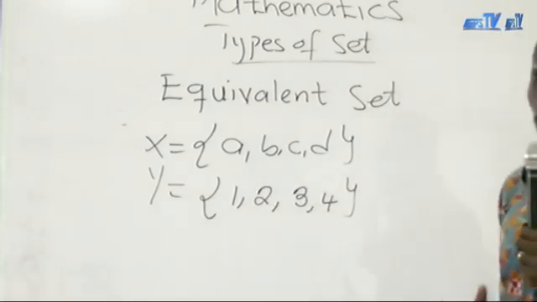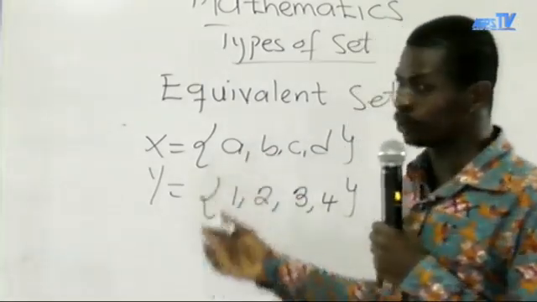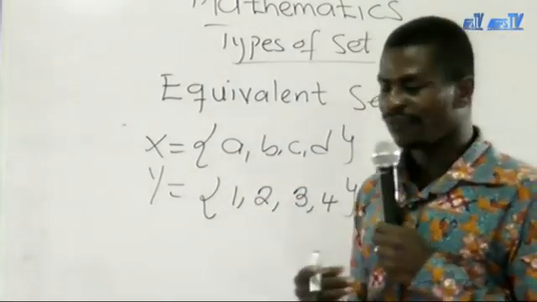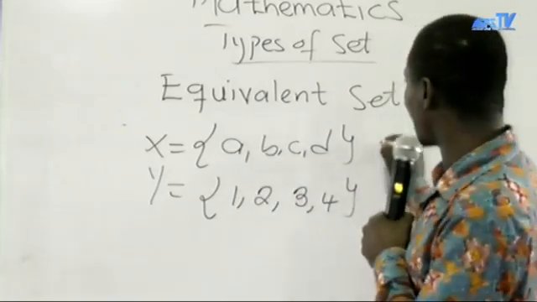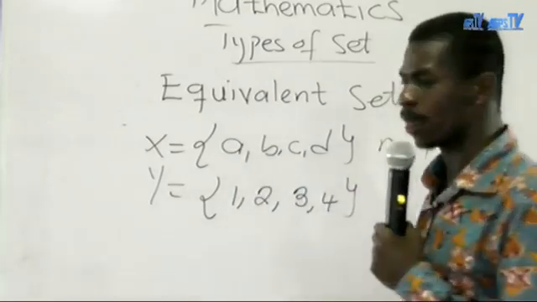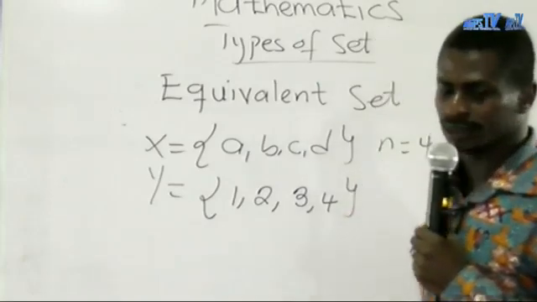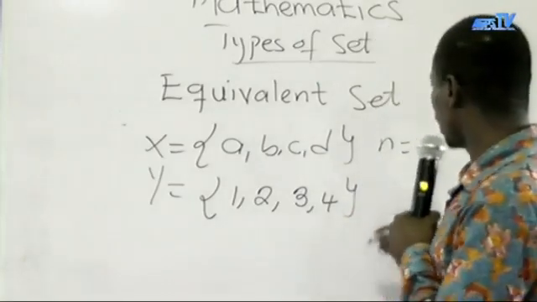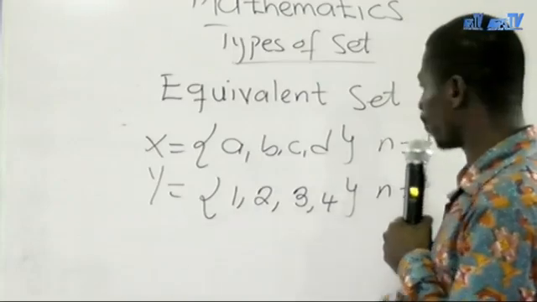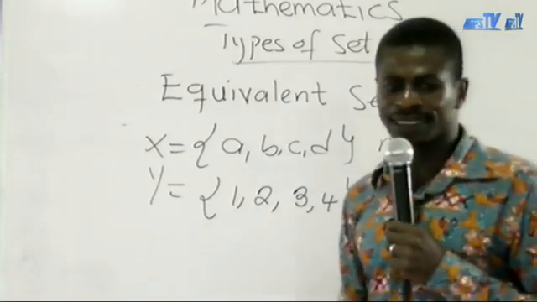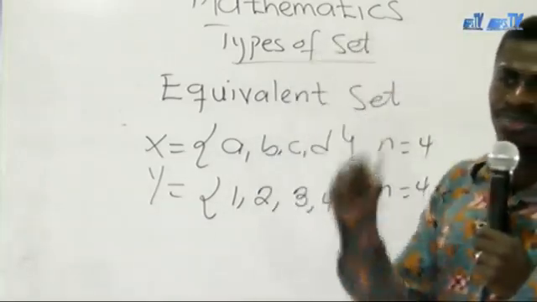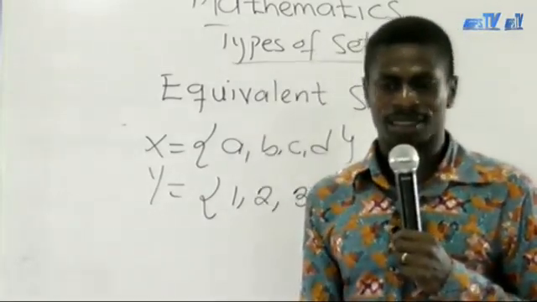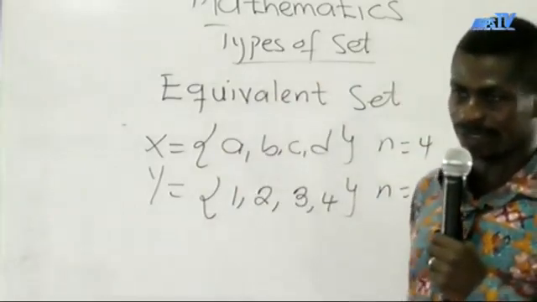Now, what is common to these two sets? If we count the members of set X, you see that our n is 4. And when we count the members of set Y, our n again is 4. So you see that both set X and set Y have the same number of members.